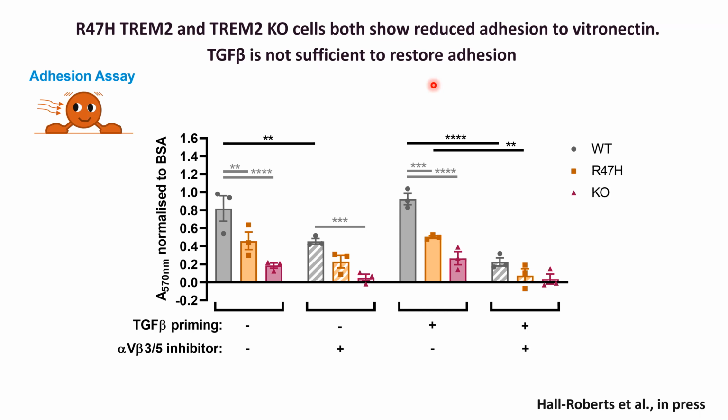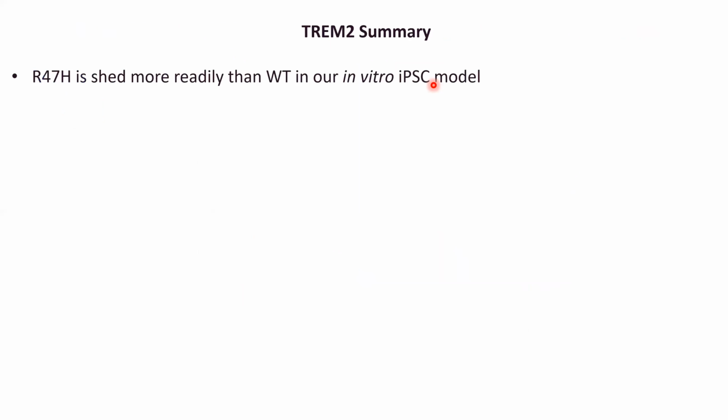But at least it does give us a lead that integrins are important and dysregulated in these Alzheimer's associated mutant TREM2 proteins.